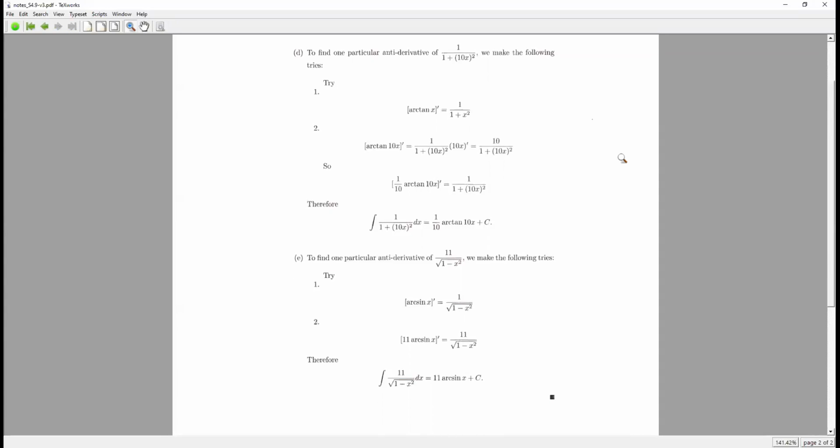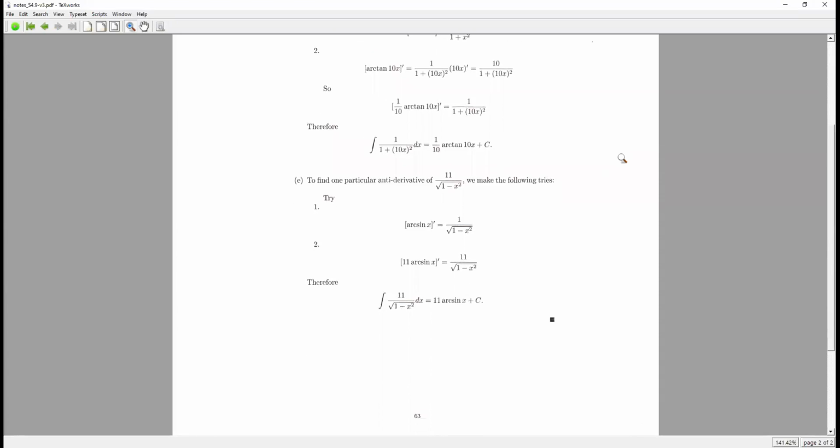Also, we make two tries to find one particular antiderivative of this function. The first try, we try arcsine. The derivative of arcsine is this function, close to this function.